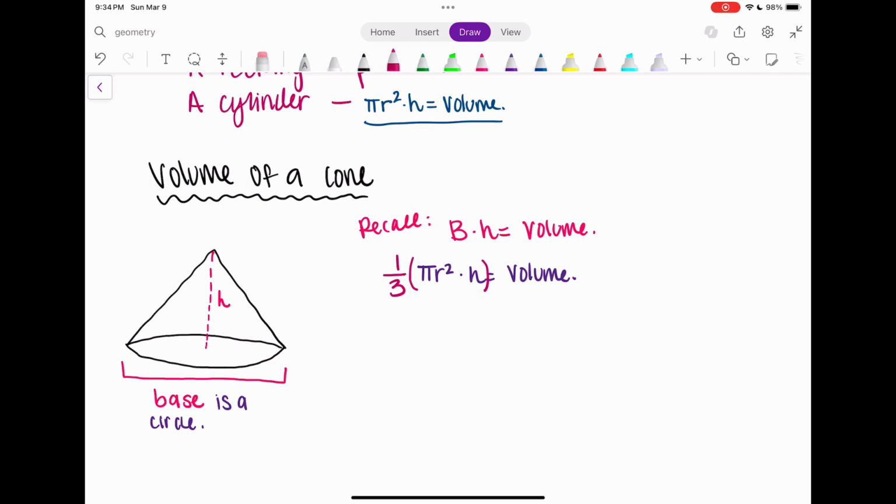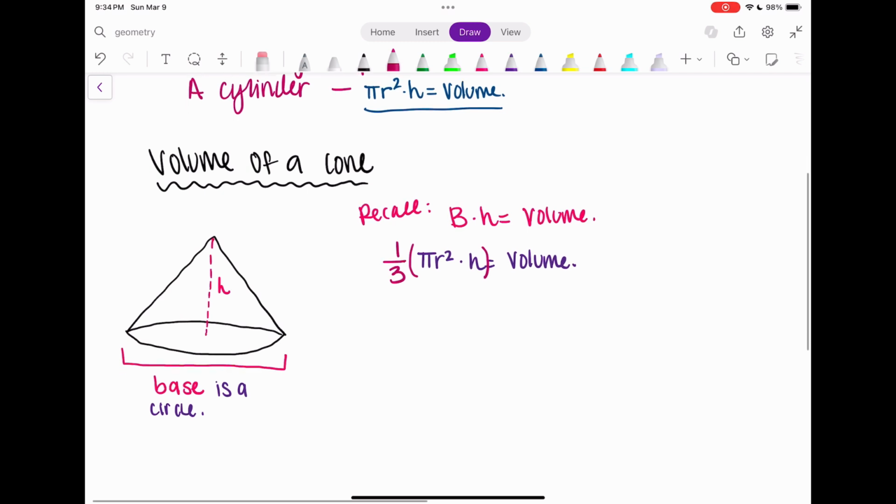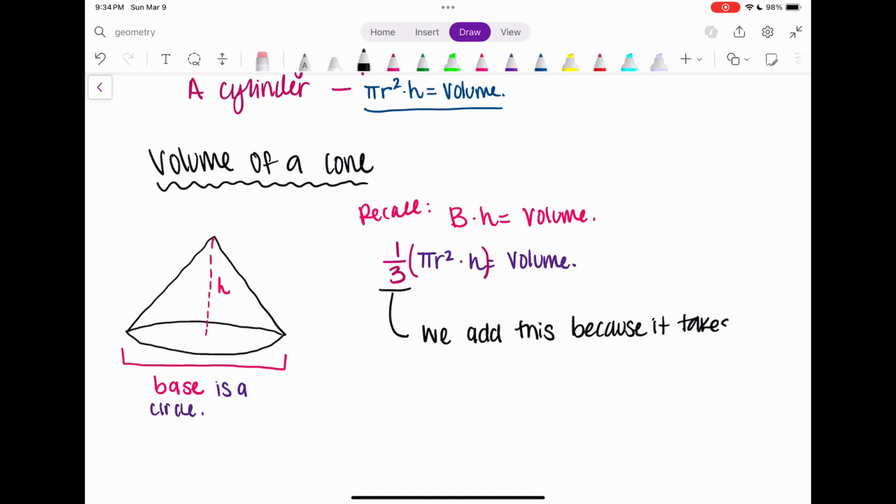We need to add this because it takes up 3 cones to make up a full cylinder, just like I said.